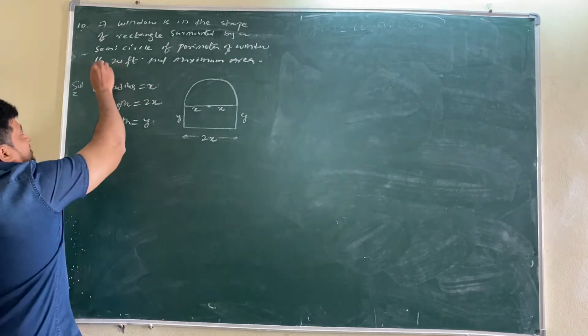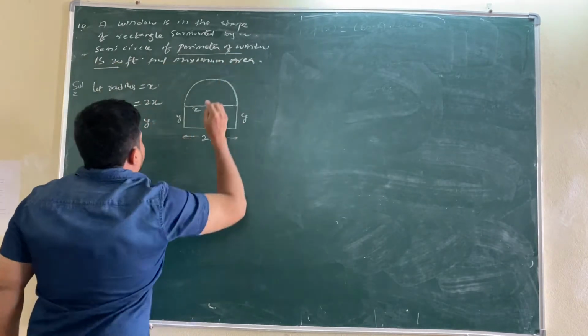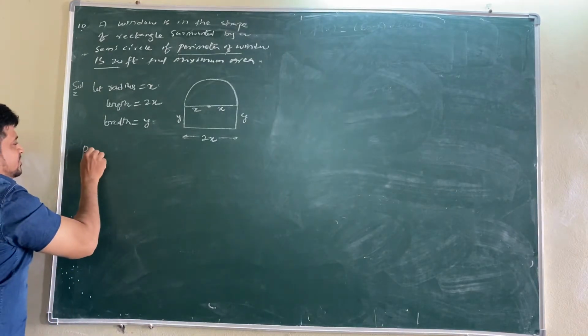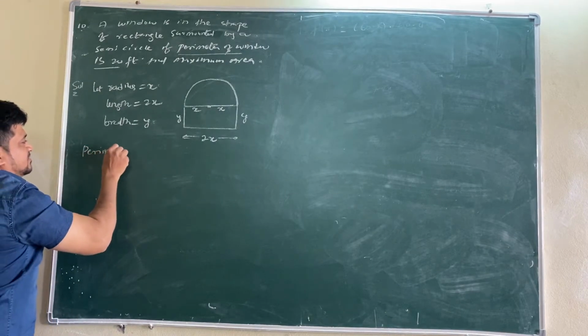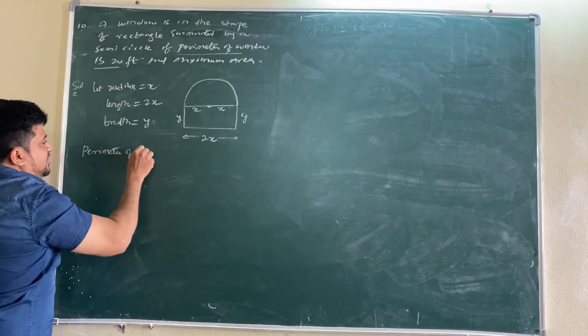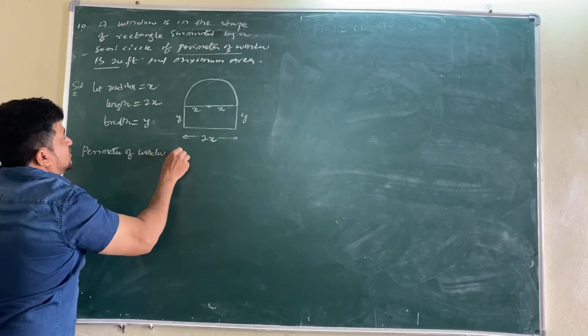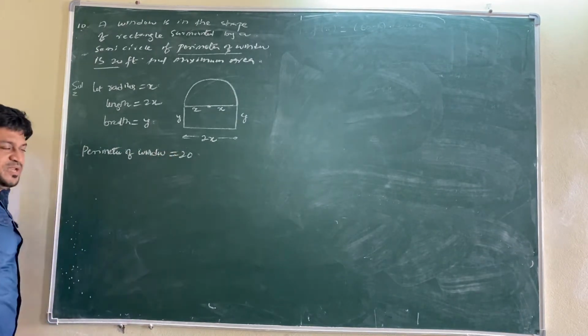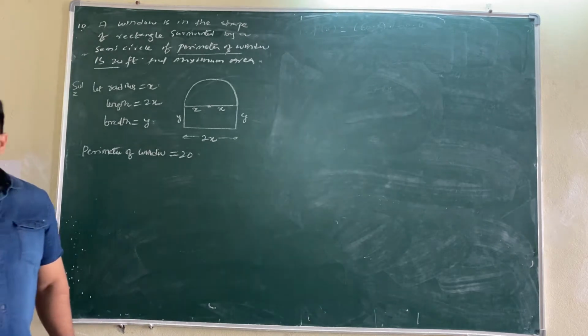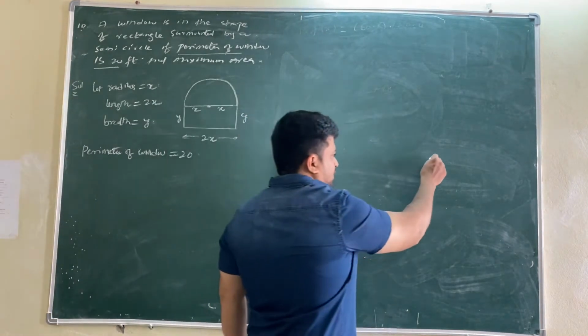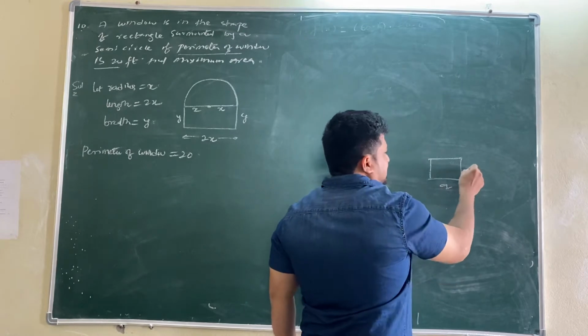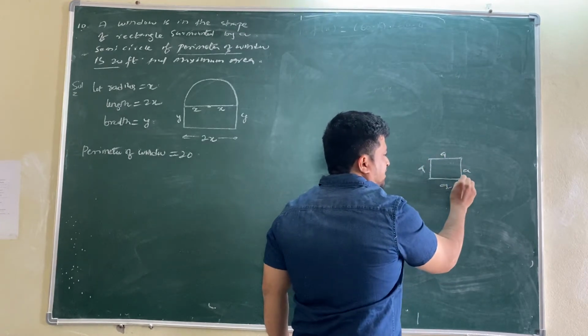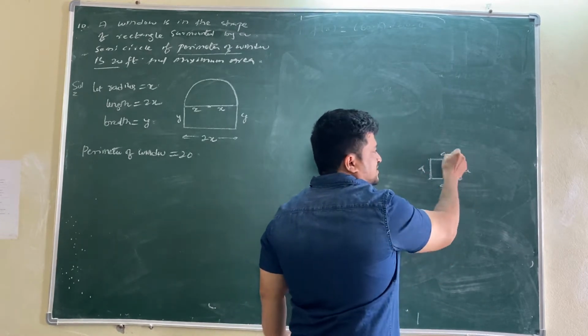They have given the perimeter of the window: perimeter of window equals 20 feet. Perimeter means what? Suppose I have a square, and this side is a. Perimeter means 1, 2, 3, 4, adding all the sides.